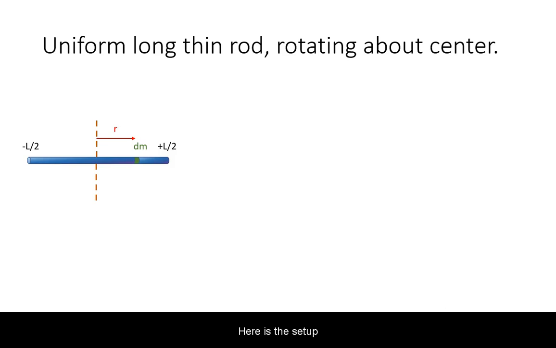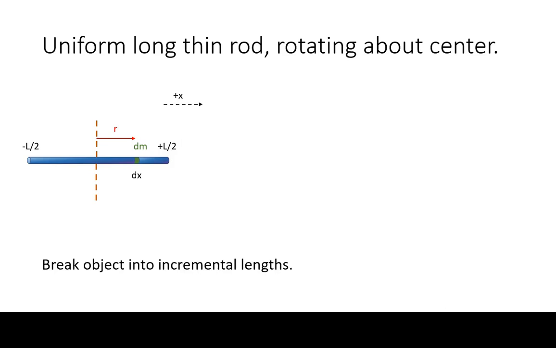Here is the setup for a long, thin rod rotating about its center. We set up a coordinate system around the rotational axis and break the object into differential masses along that length.